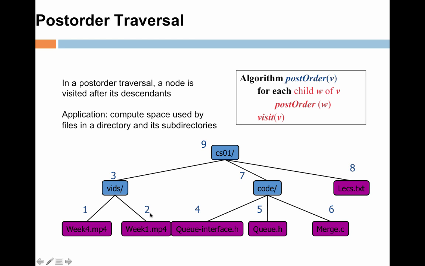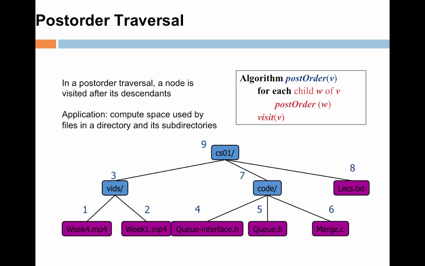Then this is the second node visited, after this whole subtree is now visited. So this is the third node. Now you observe that this is still not visited because these three children have not yet been visited. So these leaves get 4, 5, and 6. This gets 7. Then this gets visited as the 8th node in the tree. Then the root node gets visited. So this is the post-order traversal, and if you visualize this picture, it's very hard to forget it.